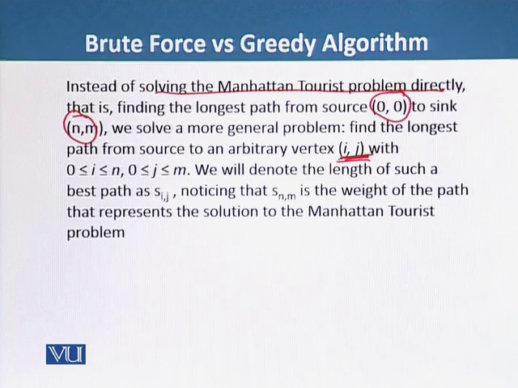We will see later, with 0 less than or equal to i less than or equal to N, and similarly 0 less than or equal to j less than or equal to M. Then we will denote the length of such a path as S i,j, noticing that S n,m is the weight of the path that represents the solution to the Manhattan problem. We will see later that we will calculate these values and find the longest path with the maximum weight.